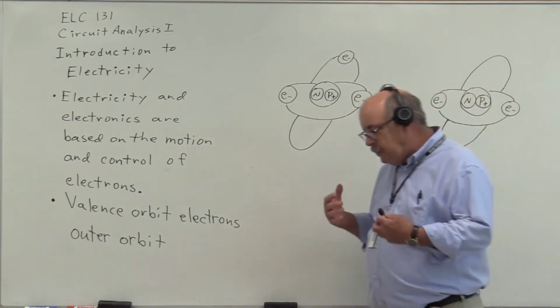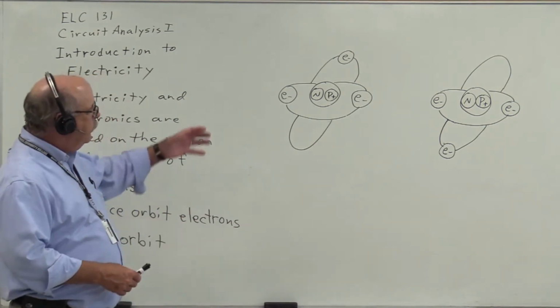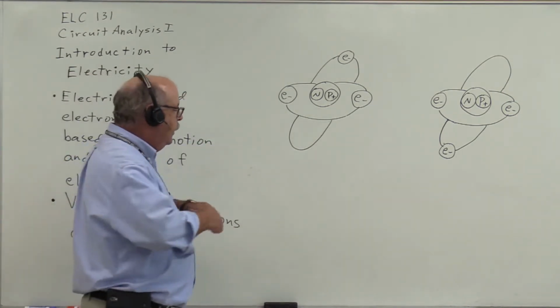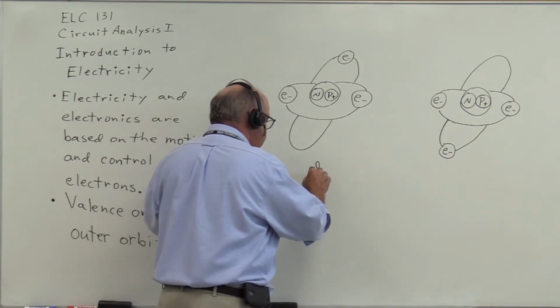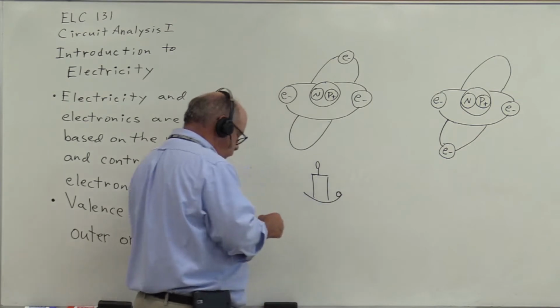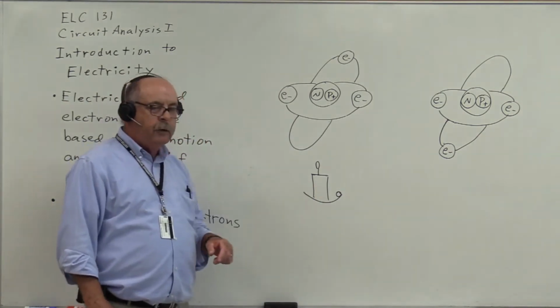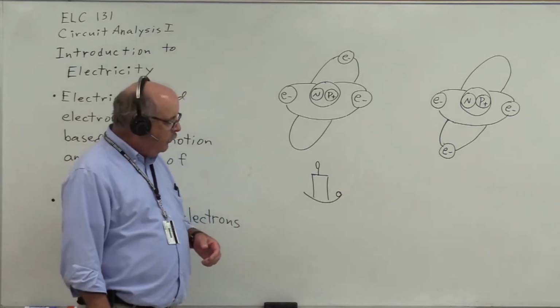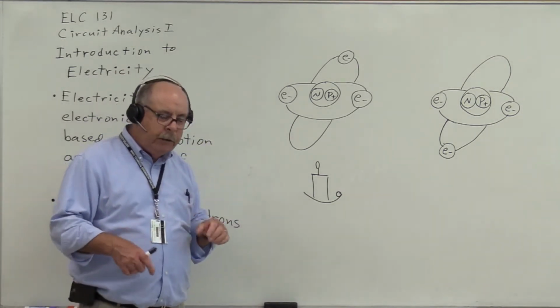Now, since the valence orbit electron is loosely bound to the atom, if we apply some energy to this atom, and the energy I'm going to apply to this atom is in the form of thermal energy from a candle, this energy has to be transferred somewhere.